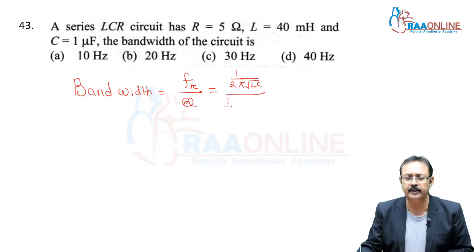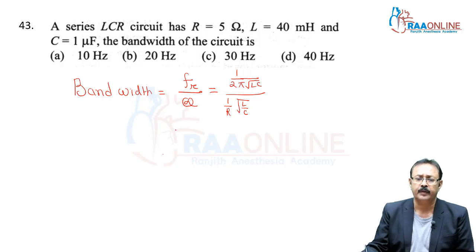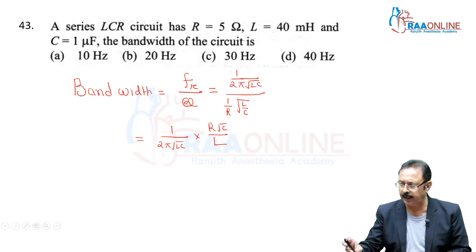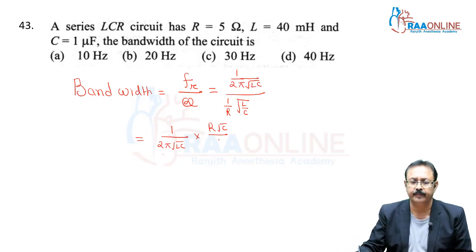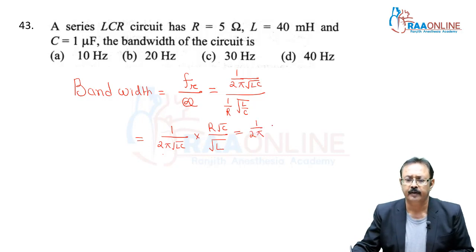We know that quality factor is 1 upon R, root of L over C. So what will we get? 1 upon 2 pi root LC, if we multiply this, we will get R root C by root L. So we are getting 1 upon 2 pi. Cancel C with C. 1 upon R by L.